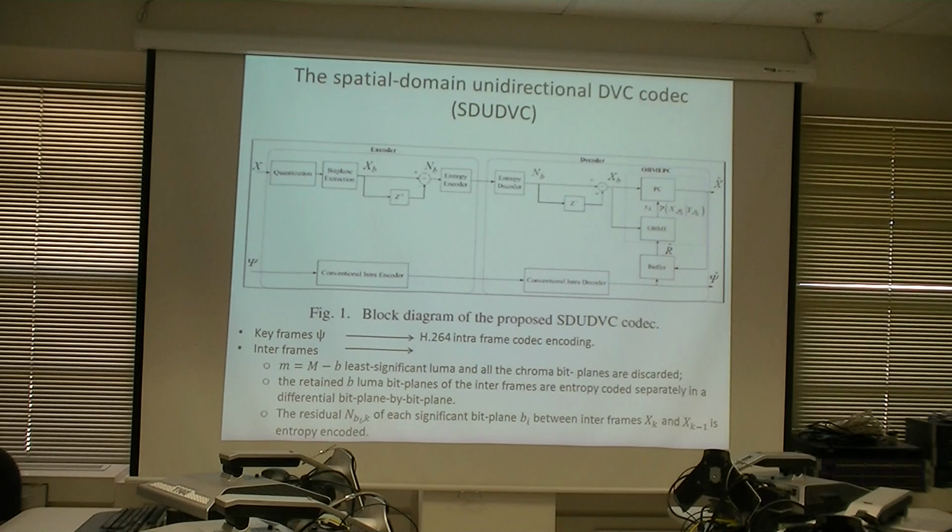Suppose GOP is equal to 2. So for every 2 frames, one frame is the keyframe. The keyframe will be encoded using intracoding. And the GOP is the number of all of the frames? No. Yes. Yeah.